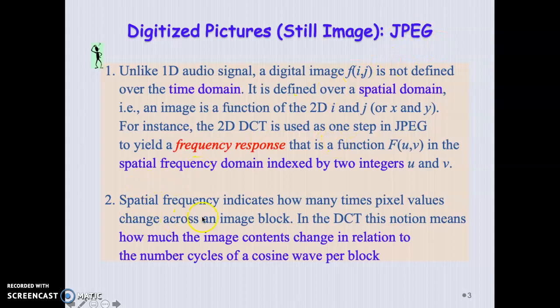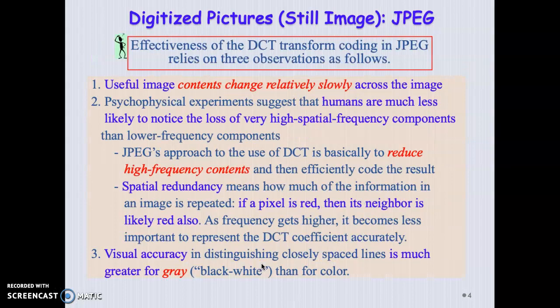Spatial frequency indicates how many times the pixel value changes across an image block. In DCT, this notion means how much the image content changes in relation to the number of cycles of a cosine wave per block. So the effectiveness of DCT, why do you use DCT in JPEG?